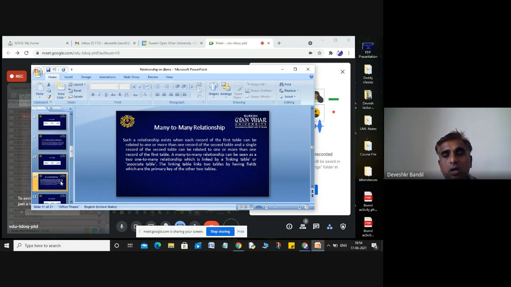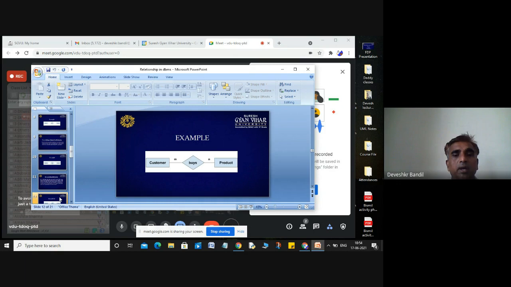Now I am taking an example of a many to many relationship. Here I have two entities. The first entity is customer, represented in a rectangular box, and the second entity is product, also represented in a rectangular box.